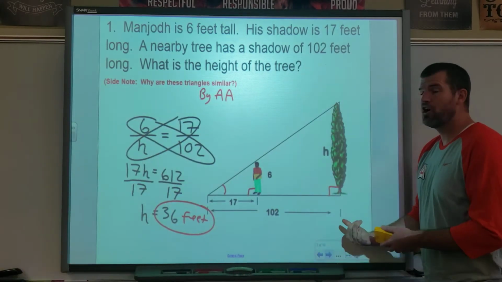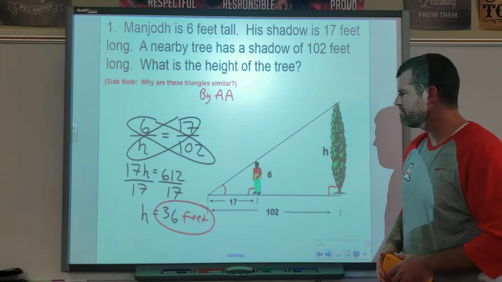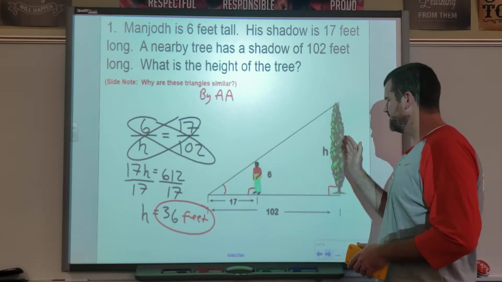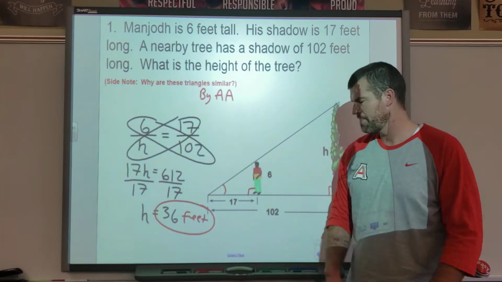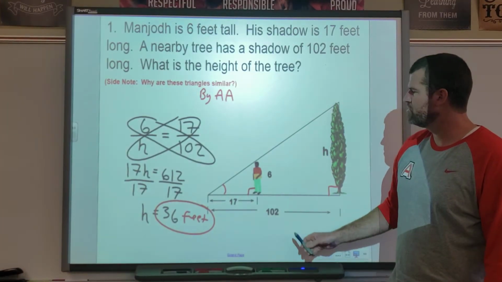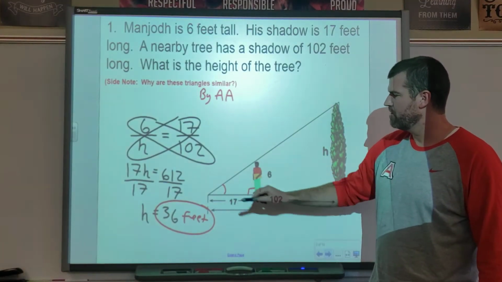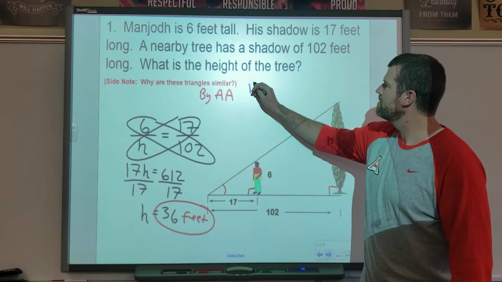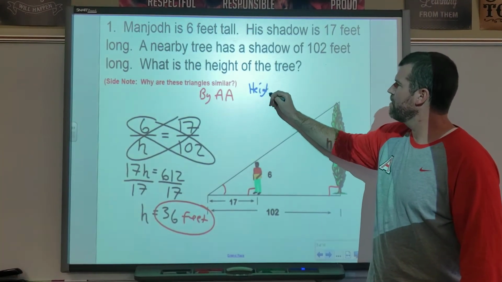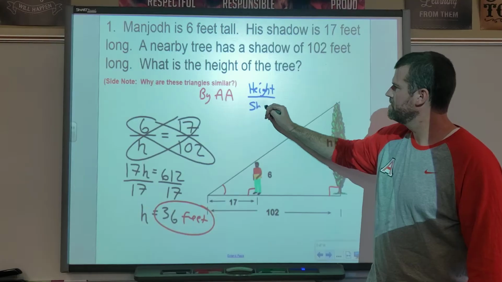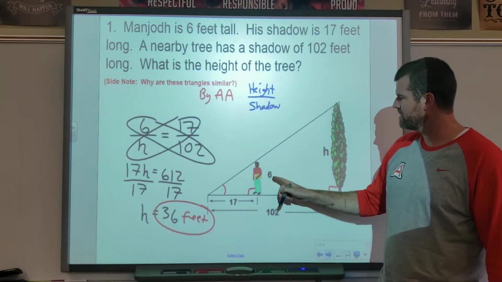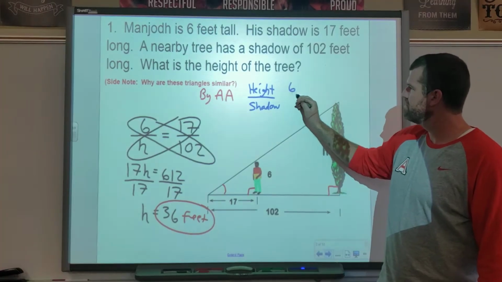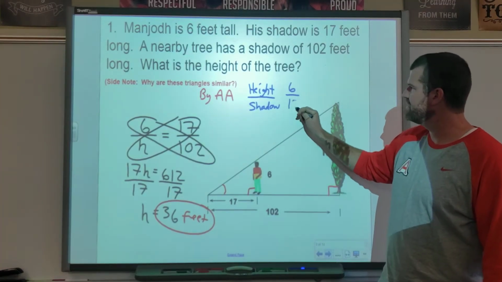I do want to show an alternate way to set up your proportions, right? We could do height over height equals shadow over shadow and pick those corresponding sides. Or you can also do height over shadow of one triangle, using two parts of the same triangle. So I could do his height is 6, his own shadow was 17.